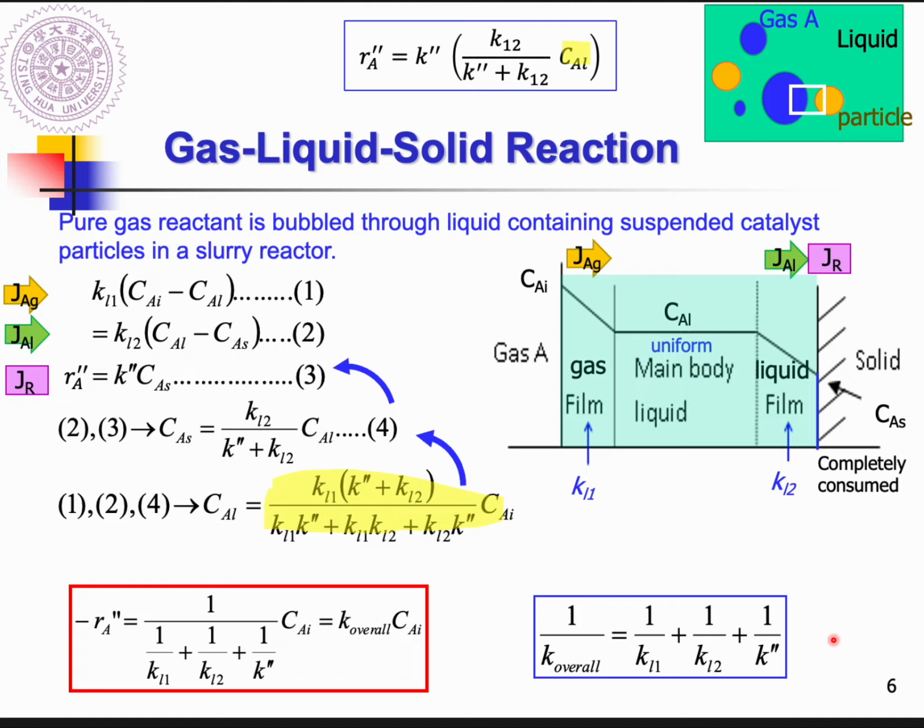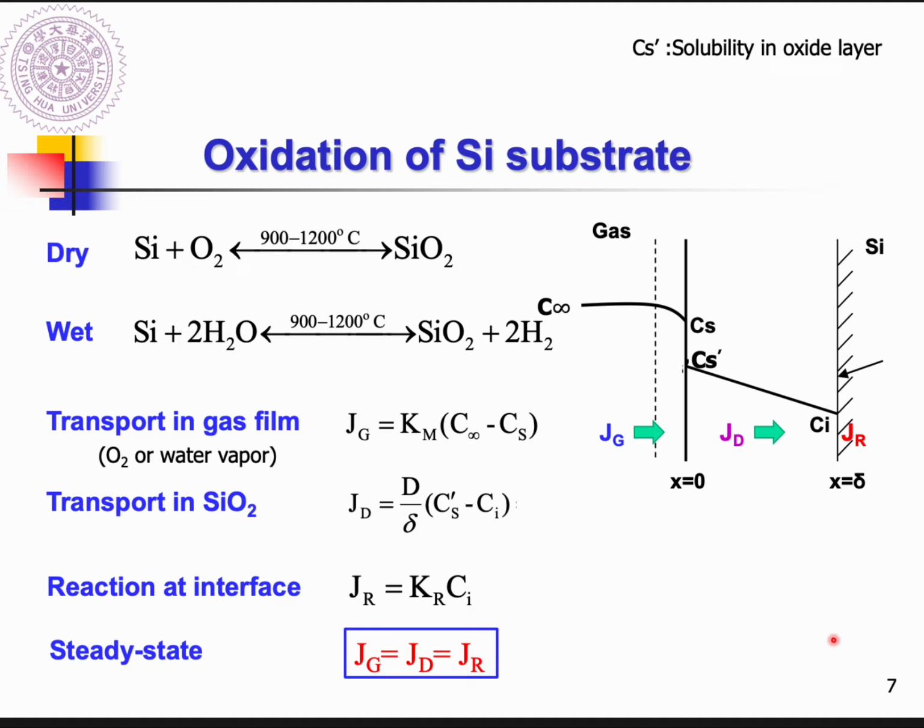So if you don't have any questions, let's move to the example to end this section, which is the fluid-solid reactions. The example here is the oxidation of a silicon substrate.